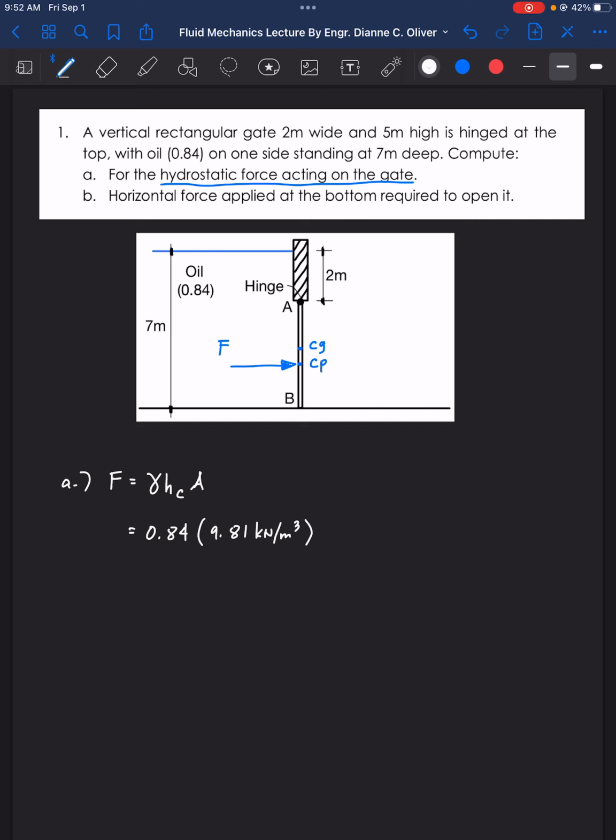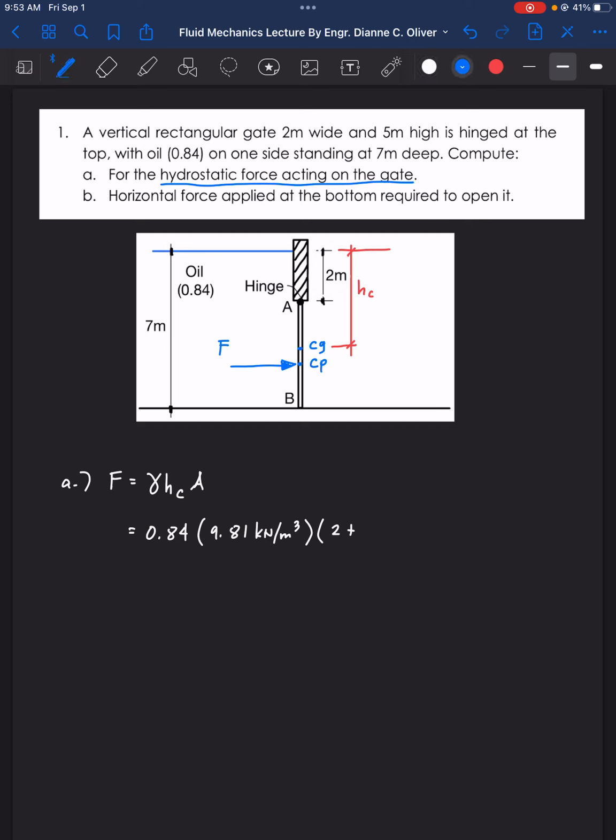And how about hc? hc is located from the surface up to the center of gravity. So this is your hc. Our hc here is 2 meters, the 2 meter height here, plus the 5 meter high gate.